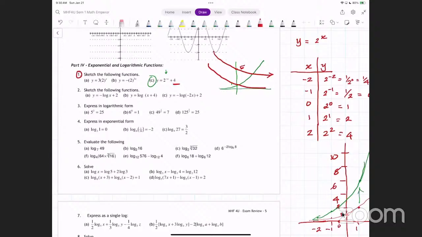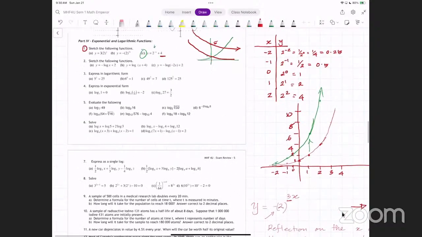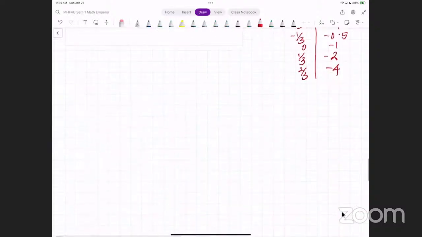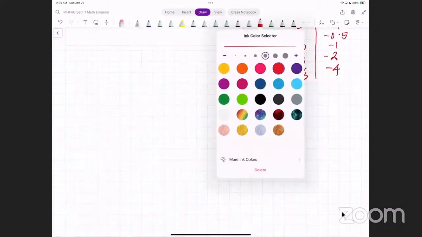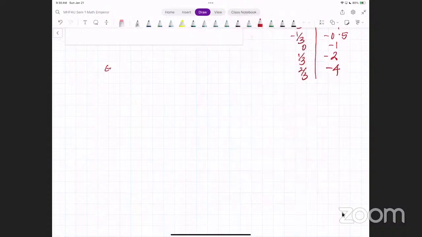All right, now we're going back to graphing the log functions, number 2. Graphing logarithmic functions. If you have any questions, guys, you can ask.